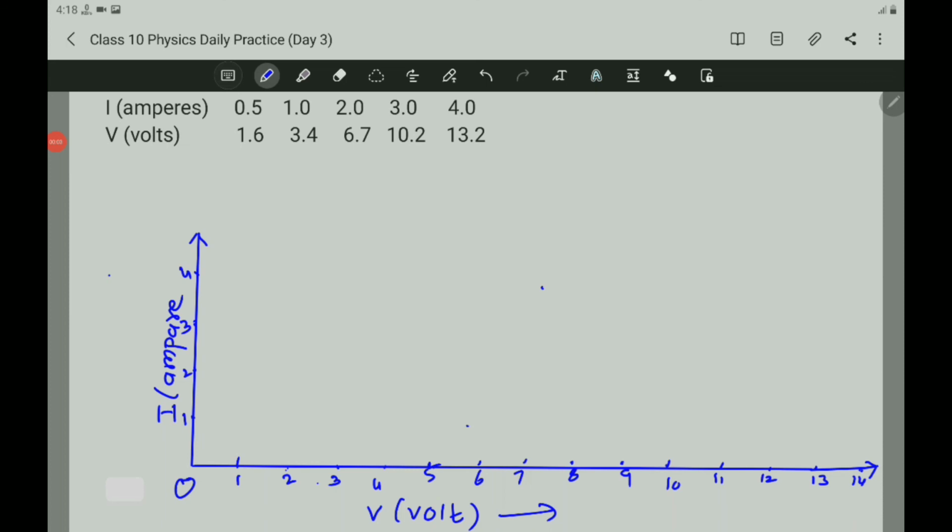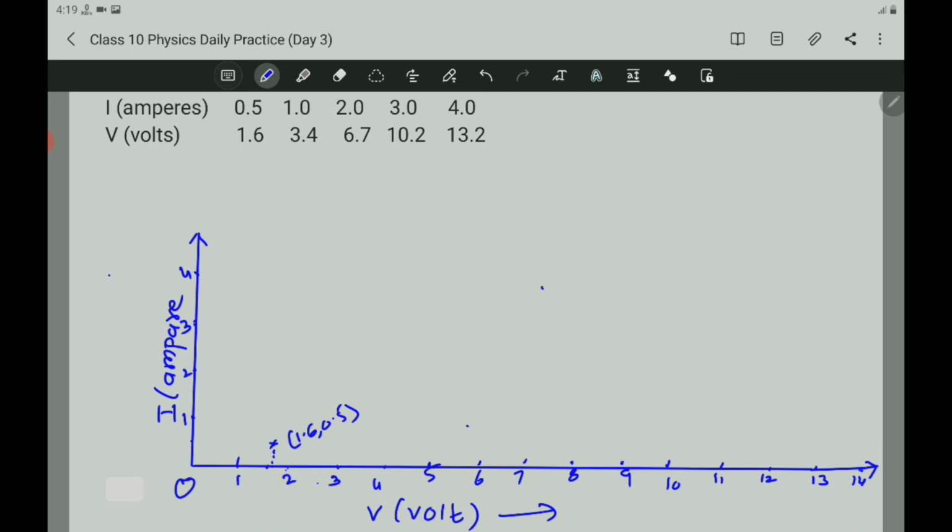Now the first point: V is 1.6 and I is 0.5. 1.6 is a little greater than 1.5, the middle of 1 and 2, and 0.5 is between 0 and 1, so the point comes approximately here: 1.6, 0.5.